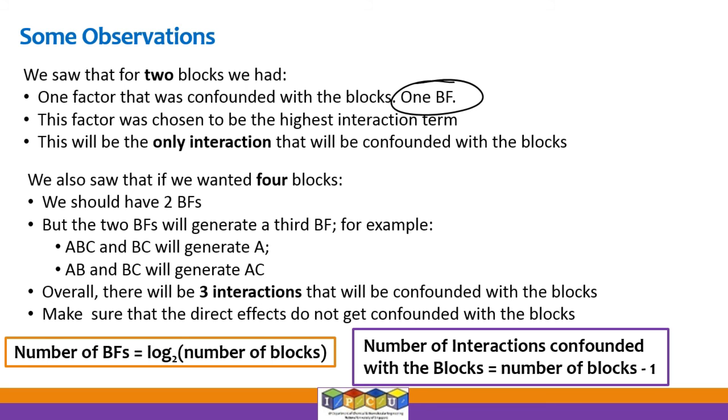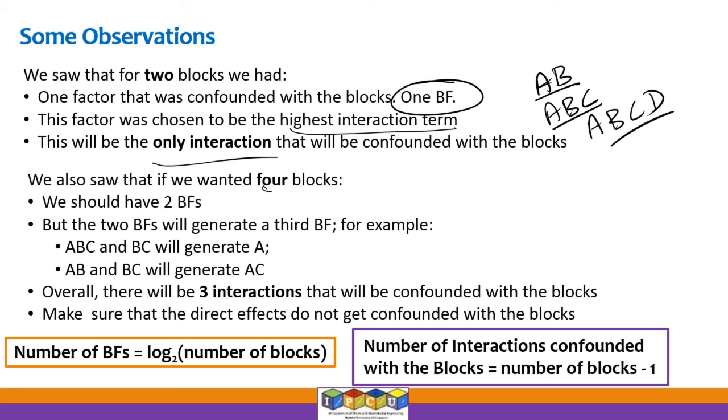And the choice was easy. We could choose the blocking factor to be the highest interaction term. Either base it on AB if it is a 2-factor experiment. If it is a 3-factor experiment, base it on ABC. If it is a 4-factor experiment, base it on ABCD, because these would be the highest interactions in those systems. And that would be the only interaction that will be confounded with the blocks.